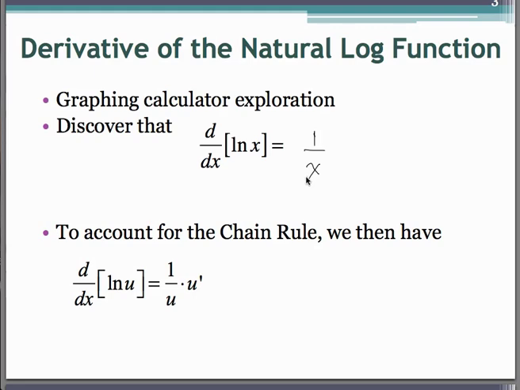Now, to account for the chain rule, if you were to have u as a function of x, then the derivative is going to be 1 over u times the derivative of u. So we have a bunch of practice problems lined up, so you'll get a lot of practice in doing that.